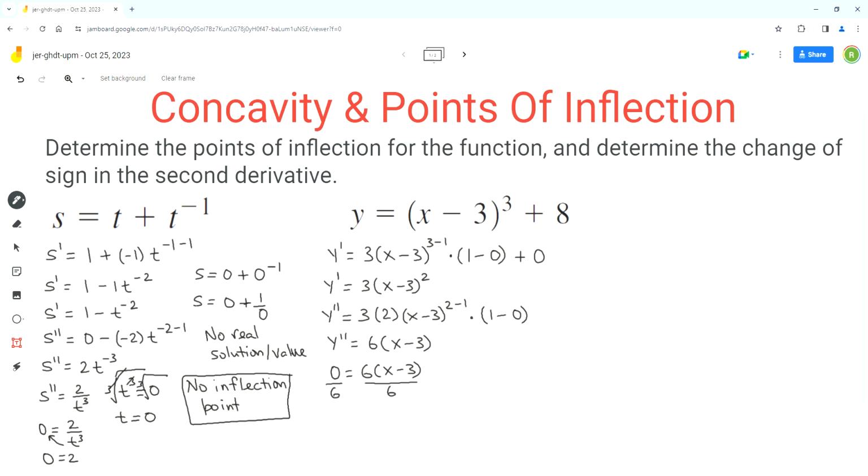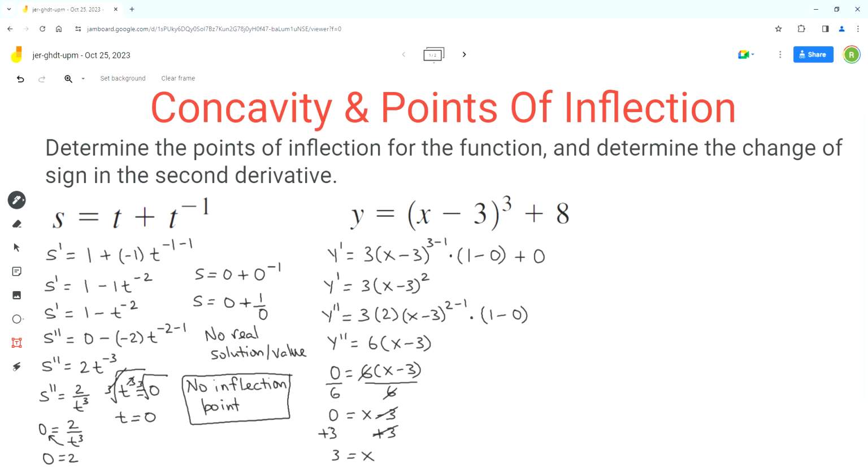So the 6's on the right side get cancelled out and 0 over 6 is equal to 0. Now we can isolate x by adding 3 to both sides. So the 3's on the right side get cancelled out. So we are left with 3 equals x.